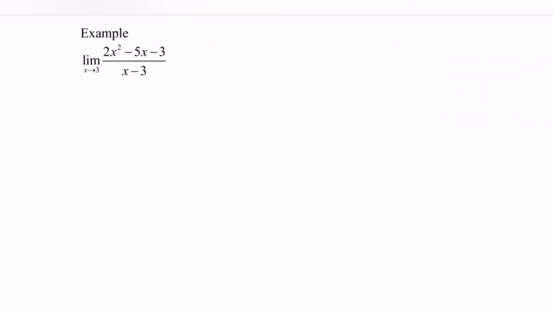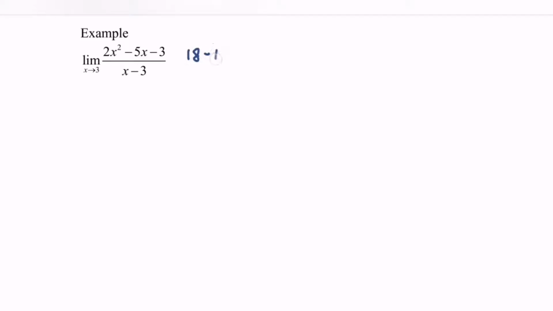Here we have an example for the indeterminate form. The limit when x approaches 3 for the function (2x squared minus 5x minus 3) over (x minus 3). First, what we have to do is substitute the value of 3 into the function. So, 3 to the power of 2, we will have 9. 9 multiplied by 2, we will have 18.